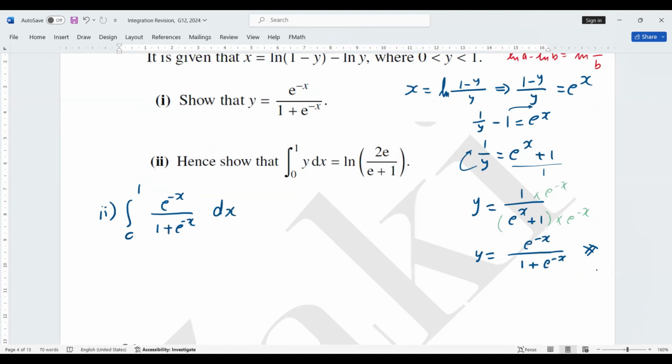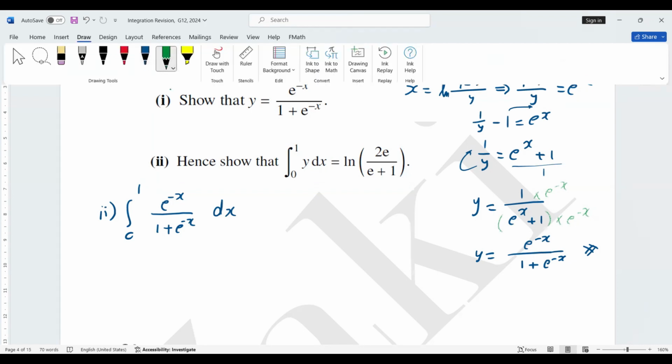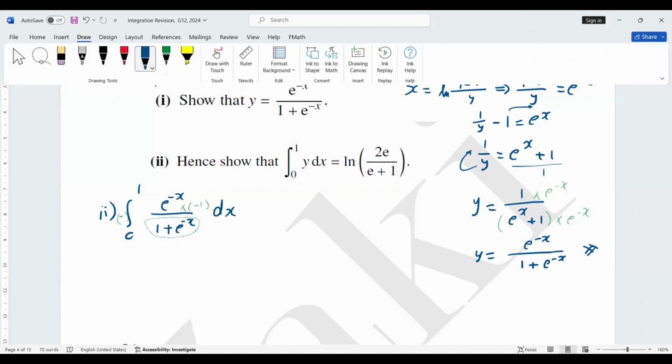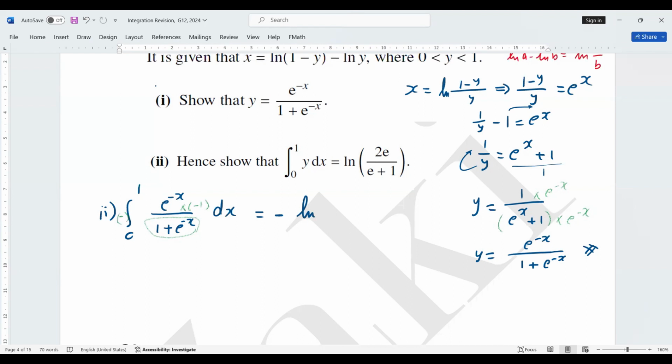Now, we can apply the ln. Why? Derivative of e negative x is e negative x multiply negative 1. So the derivative of the denominator is e power negative x multiply negative 1. Then outside, we put negative outside. Then the answer is negative ln the denominator, 1 plus e power negative x.